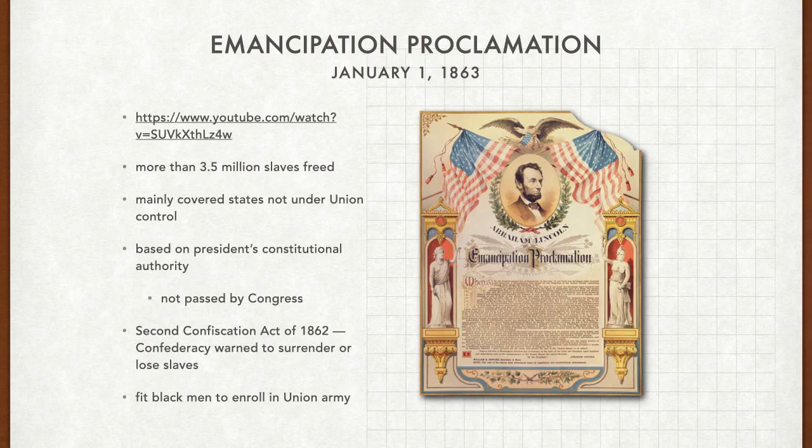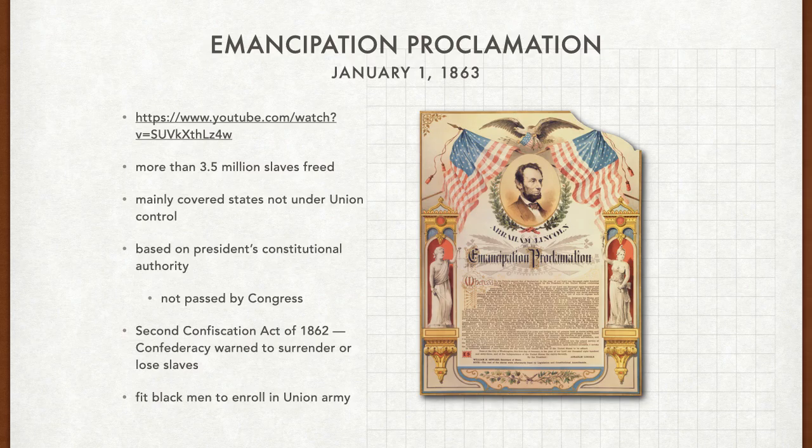Okay. It did not cover slaves in Union areas that were freed by state action. So those gradual emancipation things did not apply to the Emancipation Proclamation. So those people who were still enslaved in the North had to continue to be, unless either the state's action allowed them freedom or until the 13th Amendment was passed in 1865.